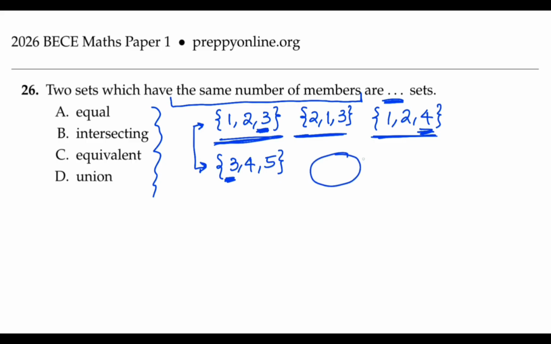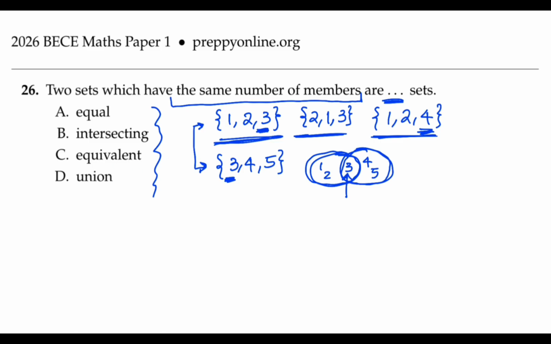Normally when we draw a Venn diagram, if you draw this for the set 1, 2, 3, you're going to have maybe 1, 2, and 3 is in the intersection. Here you also have 3, 4, 5. So this represents the set 3, 4, 5, and this represents the set 1, 2, 3, and their intersection is the 3.